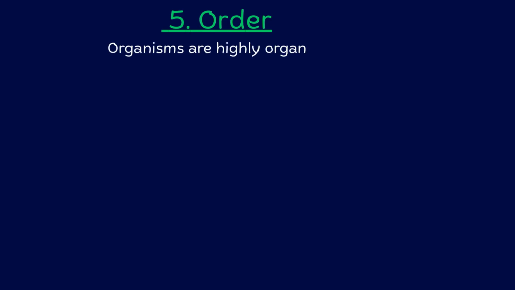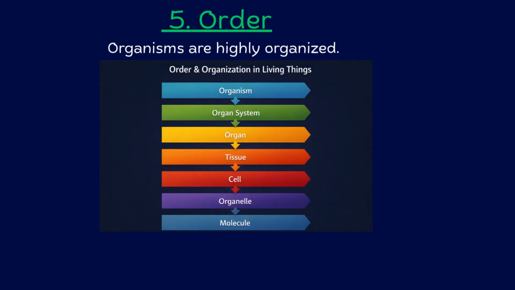The next property of life is order. Every living thing is made up of highly ordered structures, from tiny cells to entire organisms. Everything in an organism has a specific structure and function, starting from the molecules that make up cells to the cells themselves, which form tissues, then organs, organ systems, and finally the whole organism.